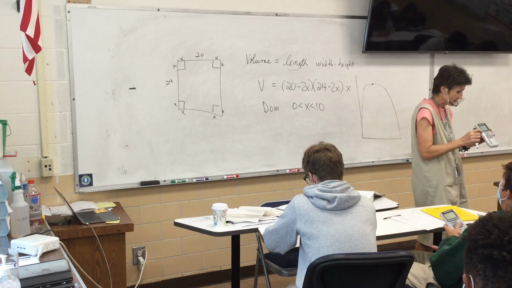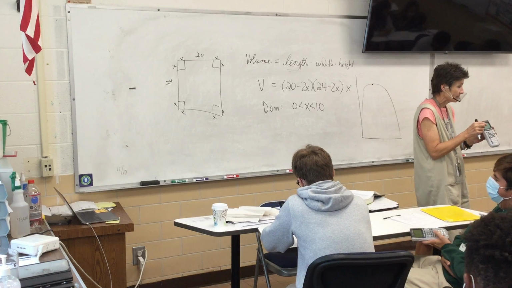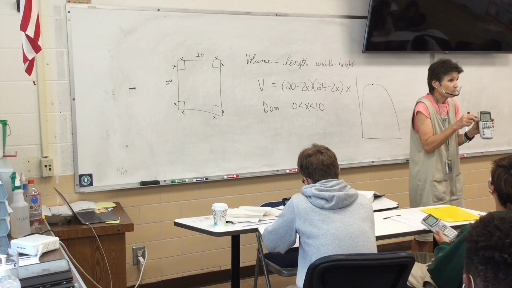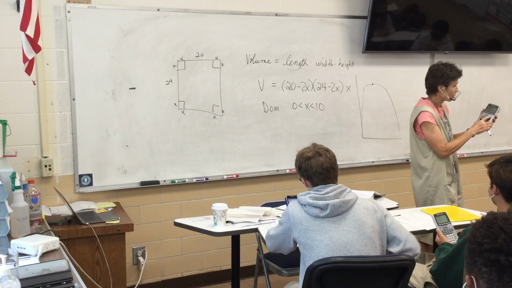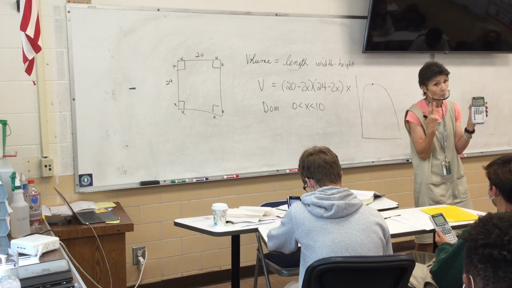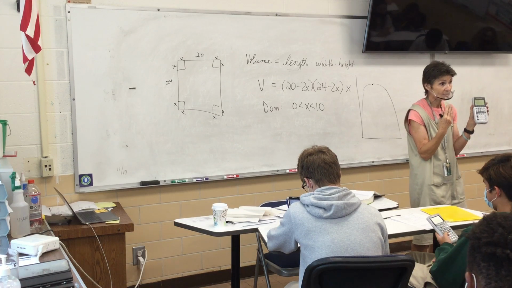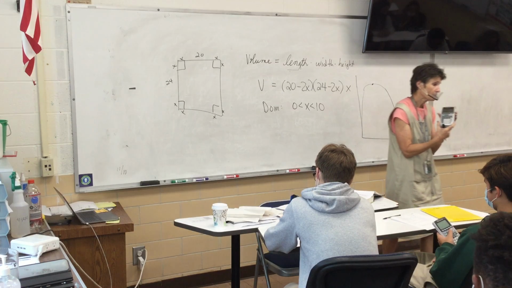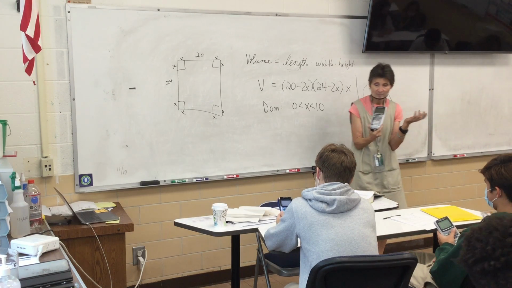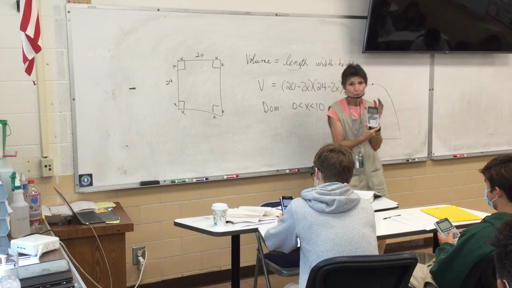That's the menu we want. That's why we press second that button. In this problem, we want a maximum. So we're just going to go down to the option, for me it's 4, I don't know what it is for you. We'll go down to where it says maximum and press enter. Now, what happens as soon as you press enter?